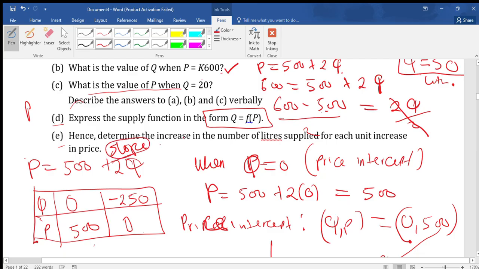The number of liters is Q. For each unit increase in price, this information is obtained from the function in the form of F of P. For a unit increase in price, what will be the change in Q?